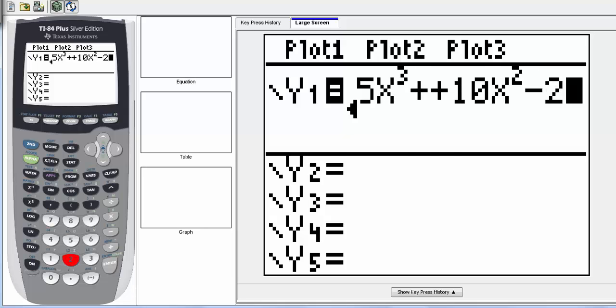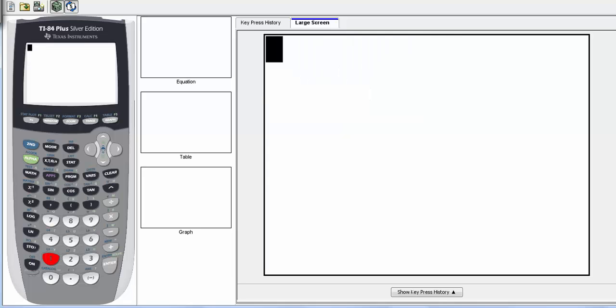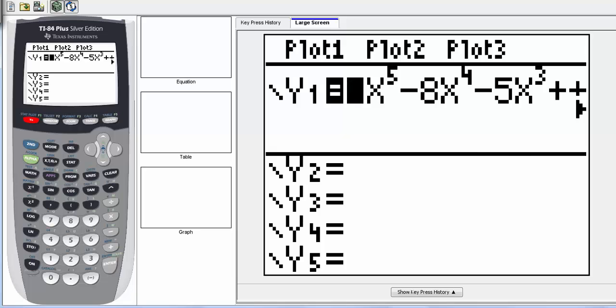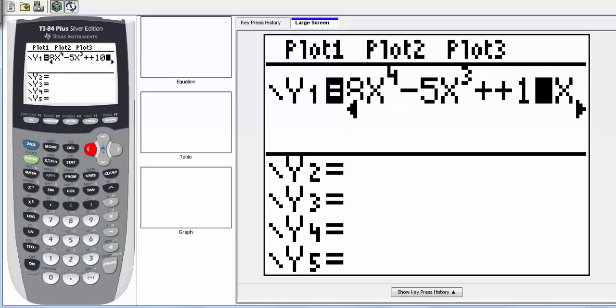minus 2. And again, if I start with zoom standard, let's see, evidently I made a mistake here. What did I type in wrong? We have 4x to the 5th minus 8x to the 4th minus 5x cubed, and here I have 2 plus signs. So I need to delete one of those.